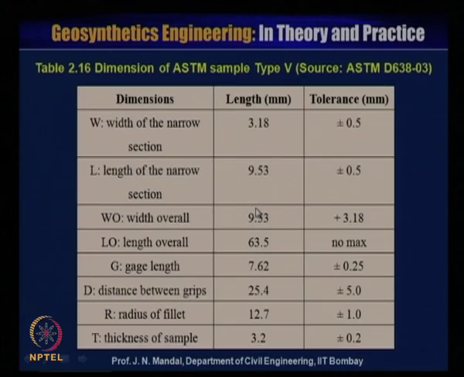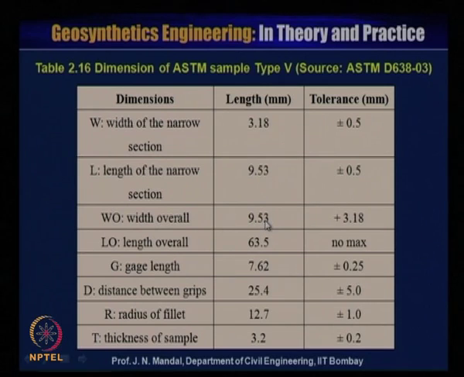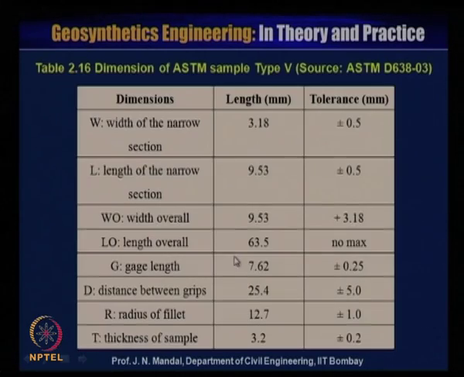Length is 9.53 plus minus 0.5, and the width overall is 9.53, that is WO, about 9.53 millimeter. LO is the length overall, 63.5, and then G is the gauge length, 7.62.